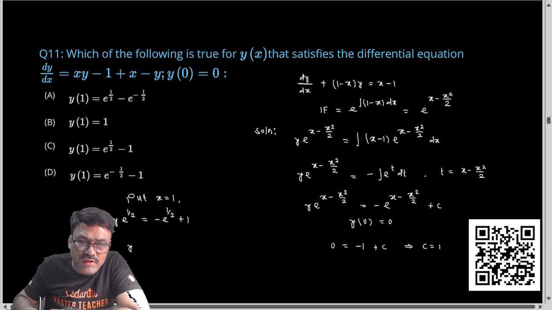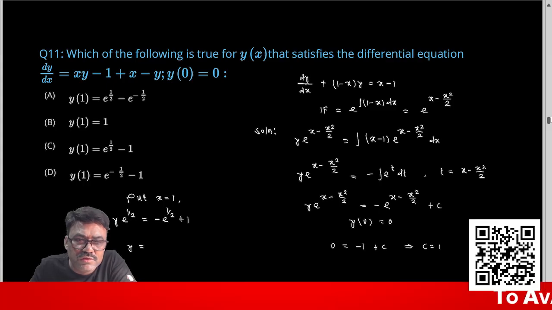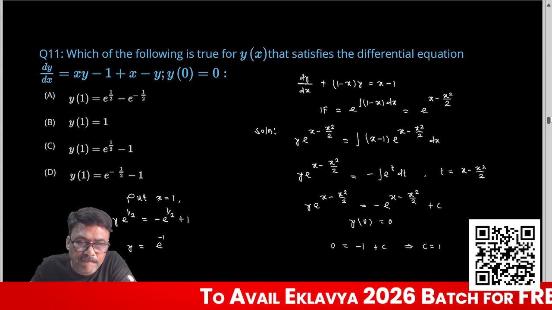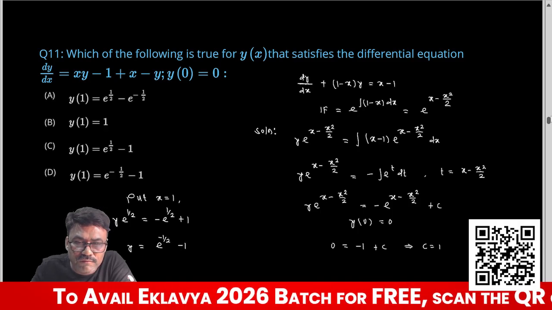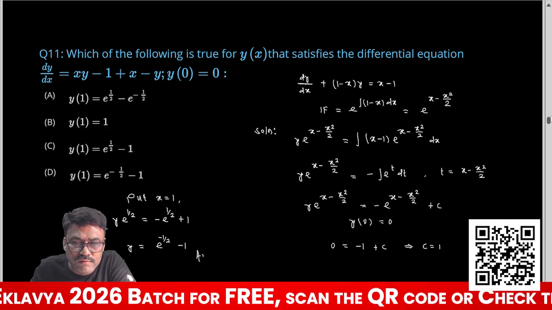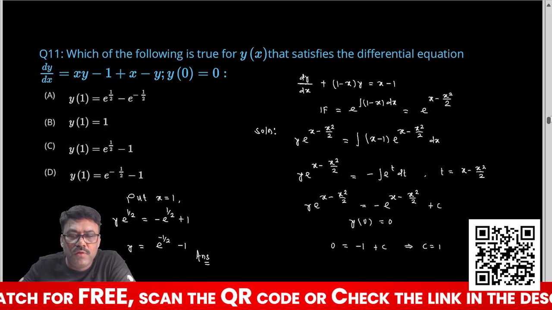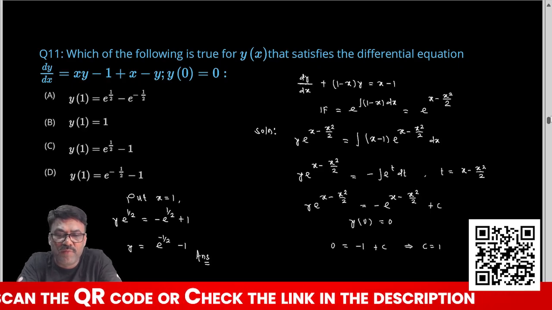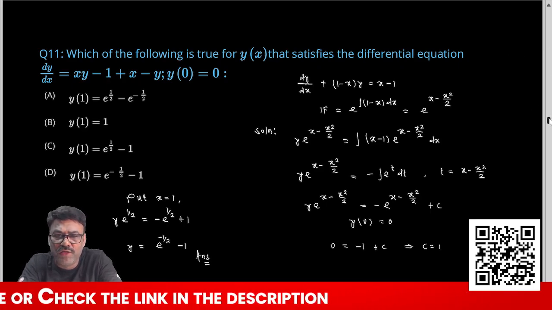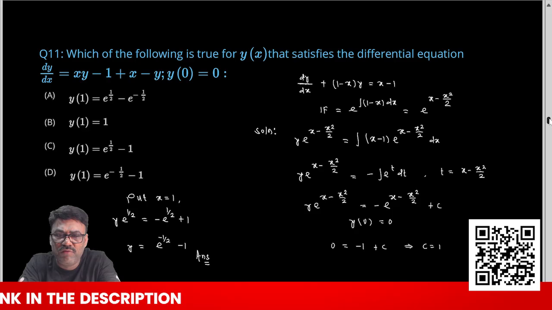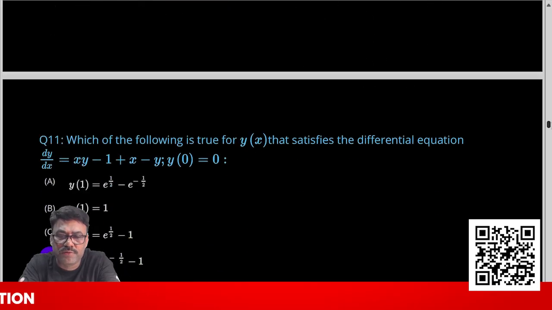This gives you y is equal to e raised to minus half minus 1. So y(1) is e raised to minus half minus 1, which means option D should be the correct option here.